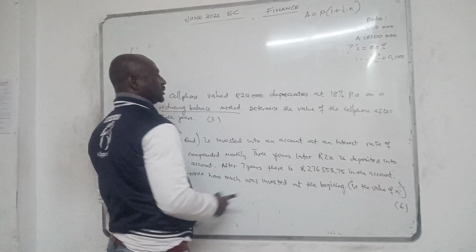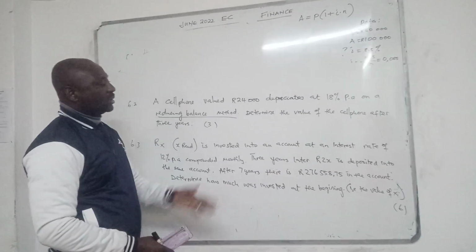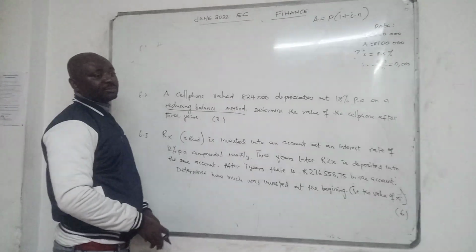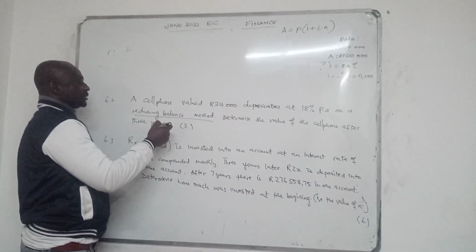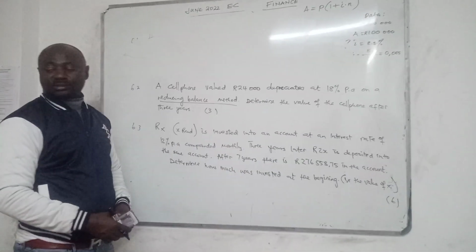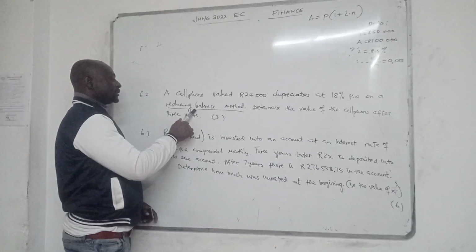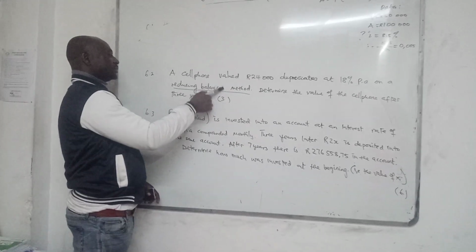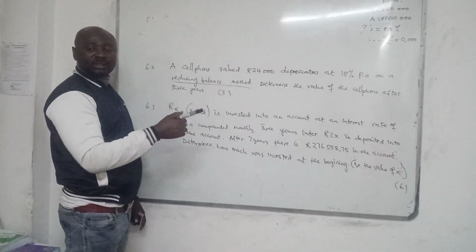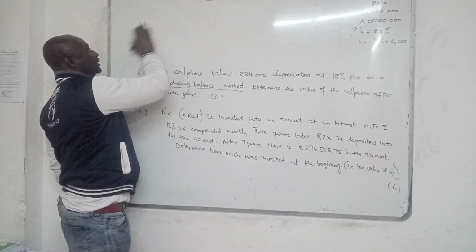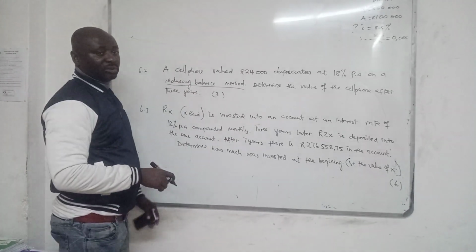And the question says it depreciates at 18% per annum on a reducing balance method. Reducing balance is the same as diminishing balance. So if you go to exams and they change reducing balance and put diminishing balance, it is the same. And that is what we call depreciation.